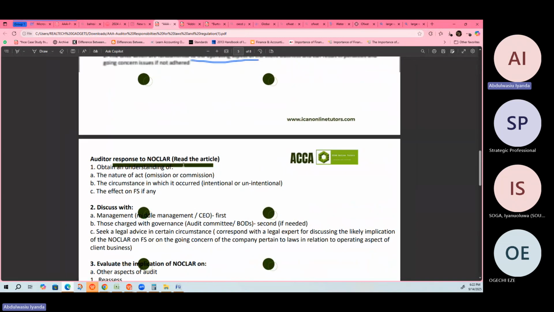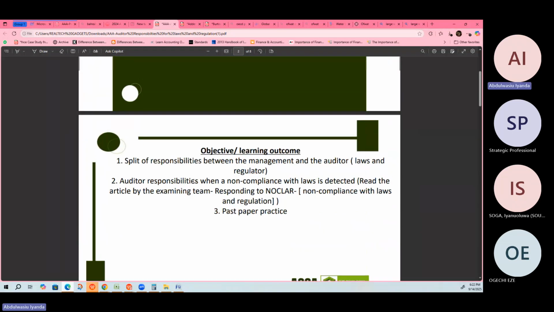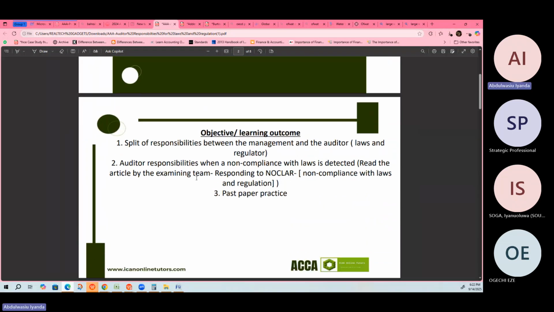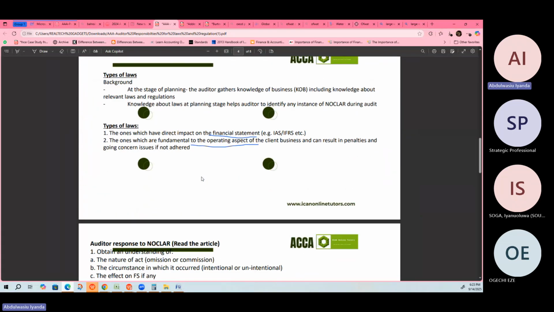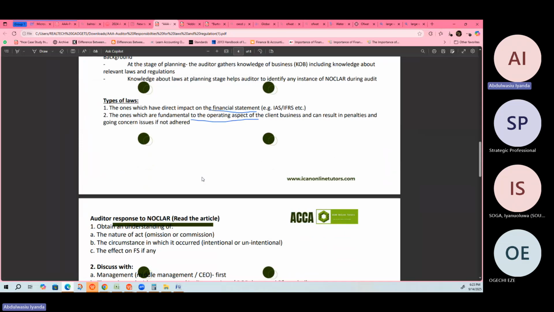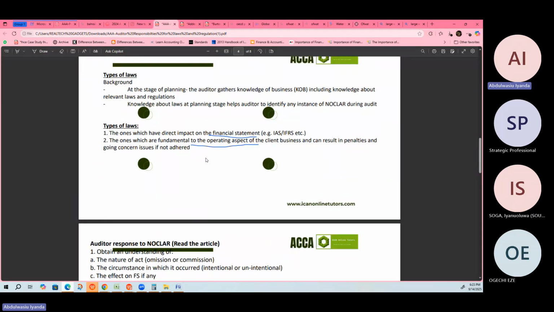So don't forget, it's very clear there's a split responsibility. The auditor has one, the management also has one. Basically, the law can be segregated into two: there are some laws that have impact on your financial statements, and there are some that have impact on your operations.